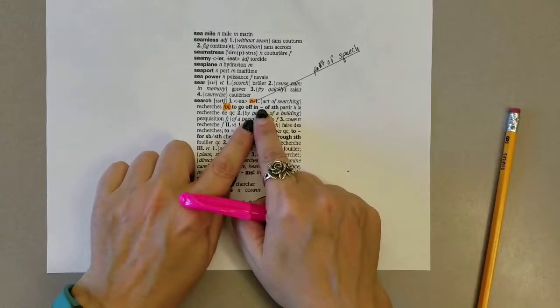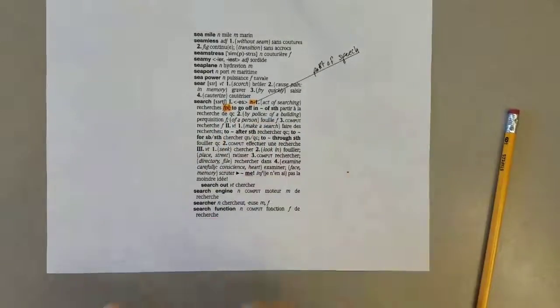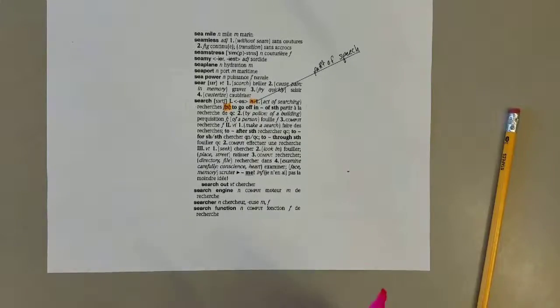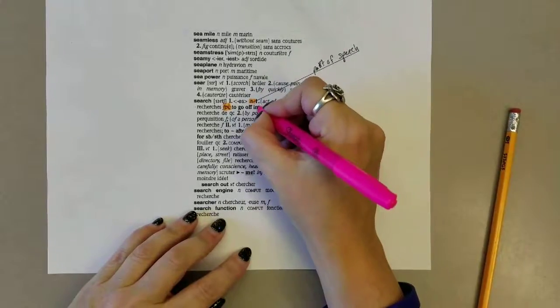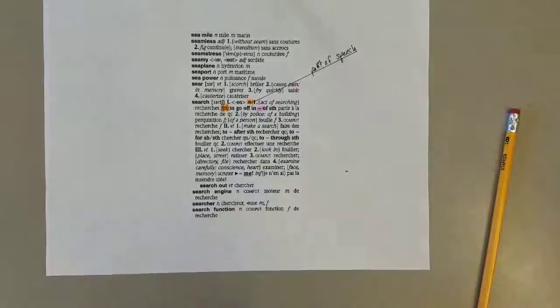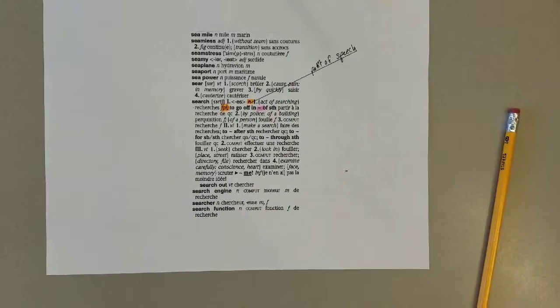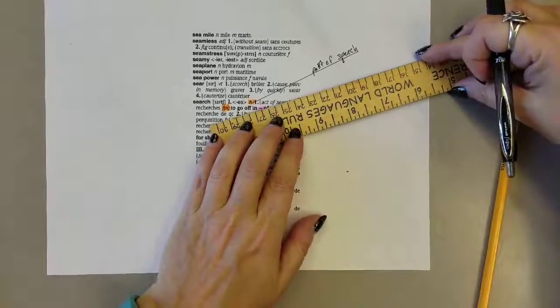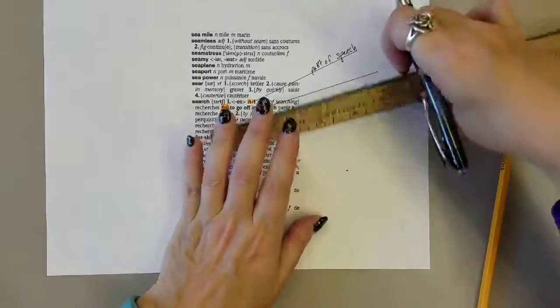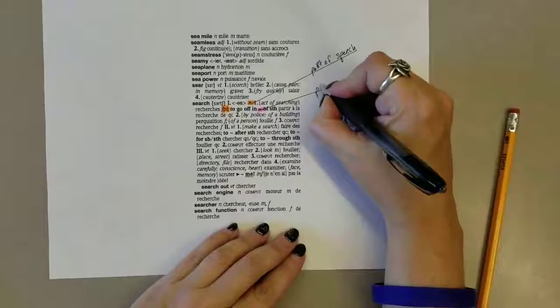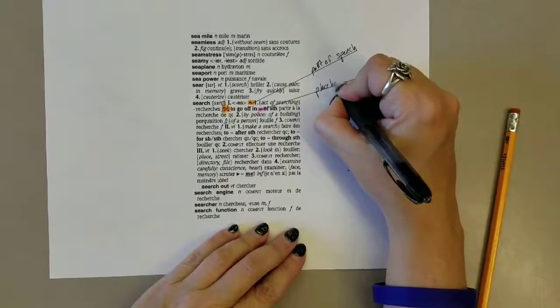It says to go off in, weird little symbol of STH. This little symbol, which we call a tilde in Spanish, is a placeholder, this little swiggle. So what I'd like you to do is to actually call that out also. And that is a placeholder.